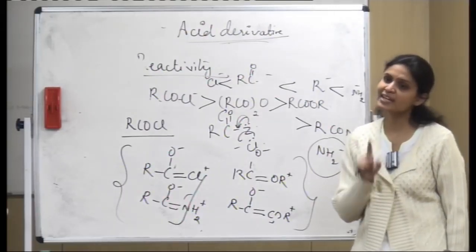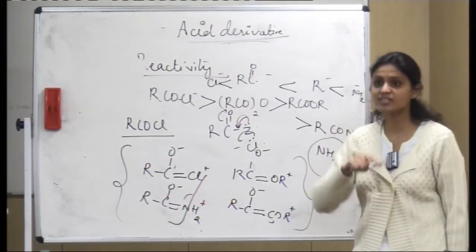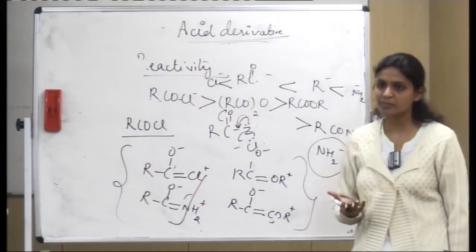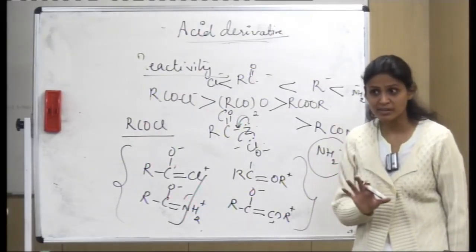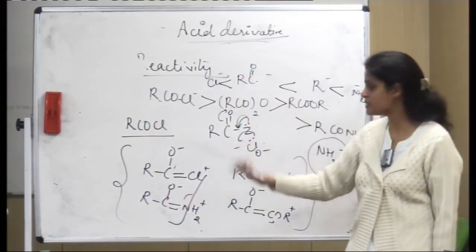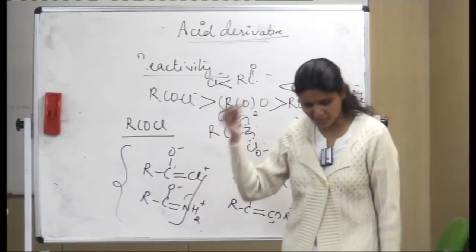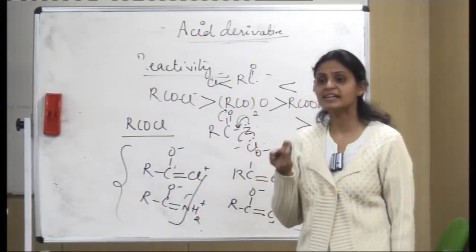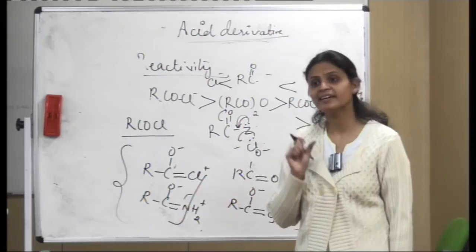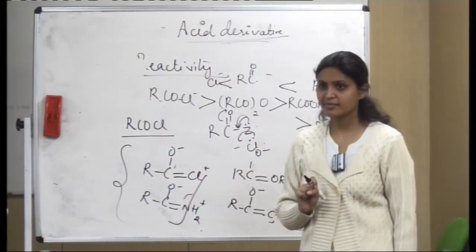The more easily the resonance structure is formed, that means that kind of acid derivative is more stable, right? And hence the order is reversed. That means the acid chloride having the chloro group is least stable, and hence it will be highly reactive, right?